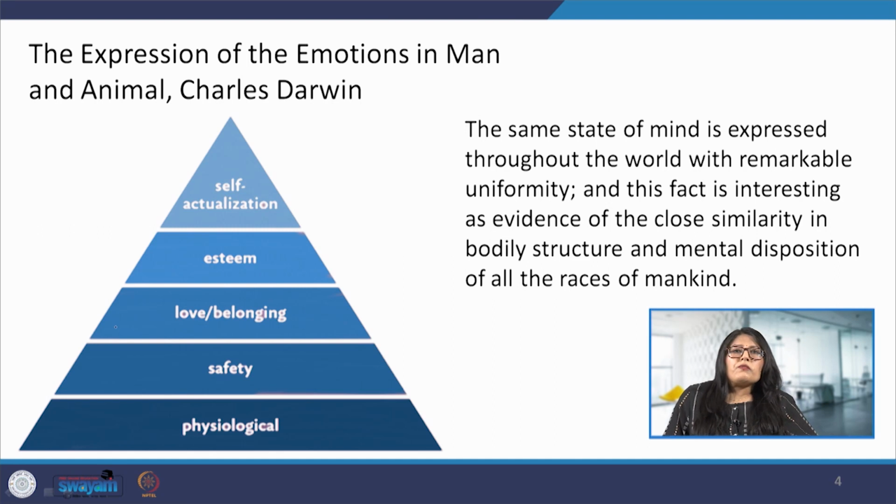You must be familiar with Maslow's pyramid of needs. At the base we have the physiological needs, then safety, then belonging, and esteem and self actualization. If we think back, we don't really develop emotions later on. We don't develop emotions by watching people and how they emote.